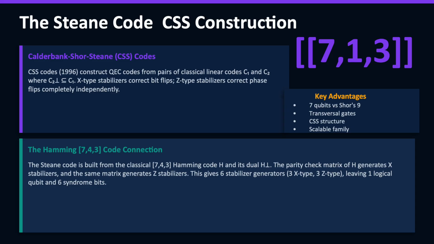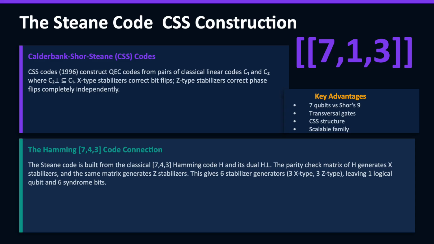More importantly, Steen's approach introduced a systematic construction method, a recipe for building quantum error correcting codes from classical error correcting codes that already existed and were well understood. This connection to classical coding theory opened up a whole new avenue of research.